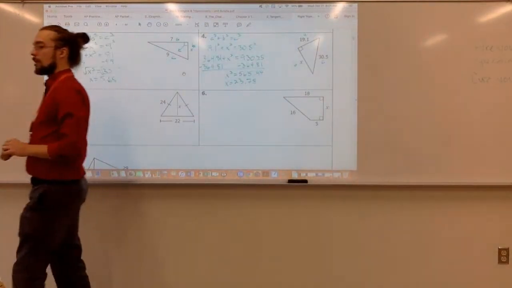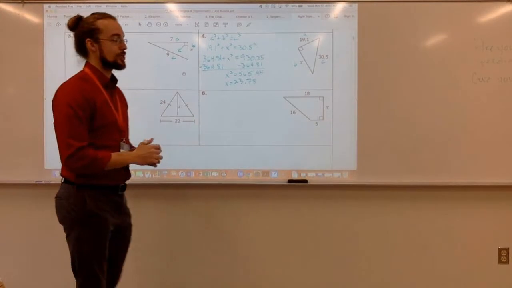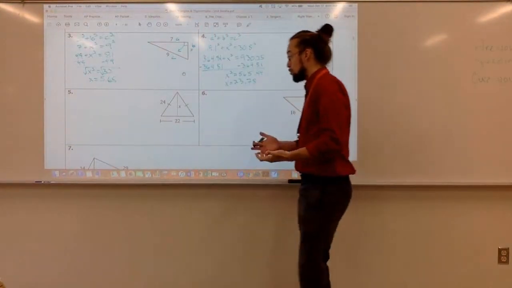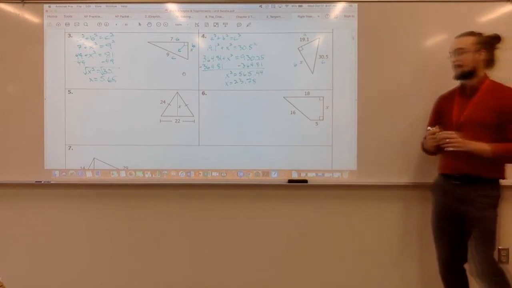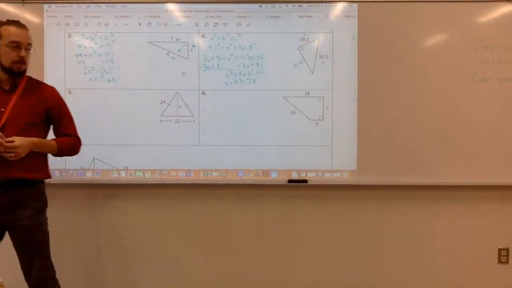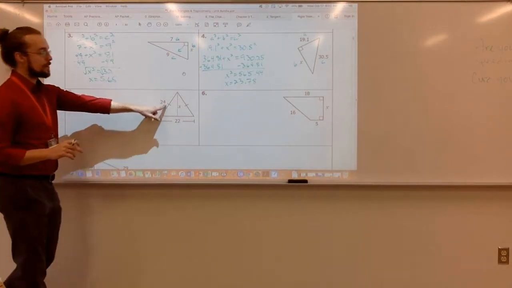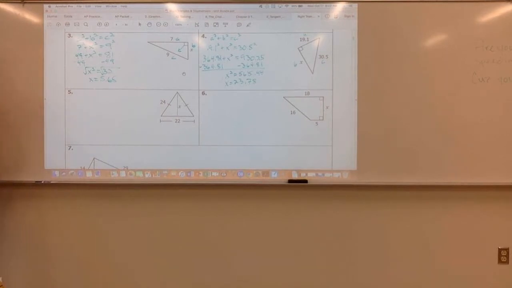Alright, let's take a look at a few shapes that aren't set up just as right triangles, but ones that we could create right triangles in to use the Pythagorean theorem to solve for a missing piece. If we look at number 5 here, if I have two sides of a triangle the same, what type of triangle is that?